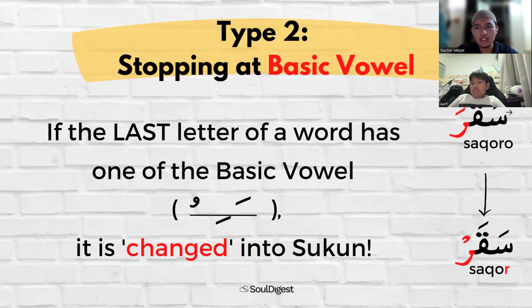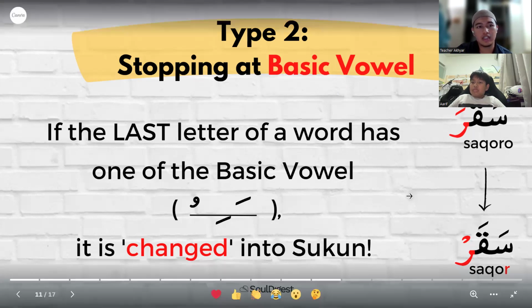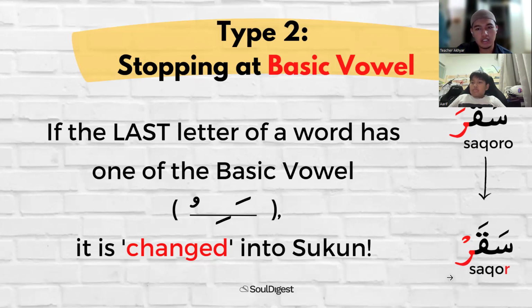For example, sakhoro: the vowel raw here, even when it doesn't have the sukun symbol, when we want to stop, we just change it into sukun. So instead of reading it as sahara, we put sukun on the raw, so it becomes sakor.